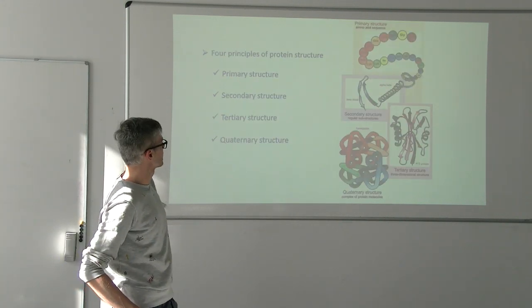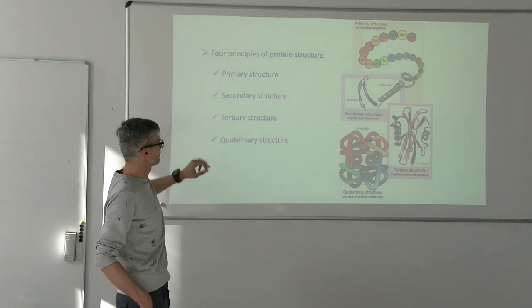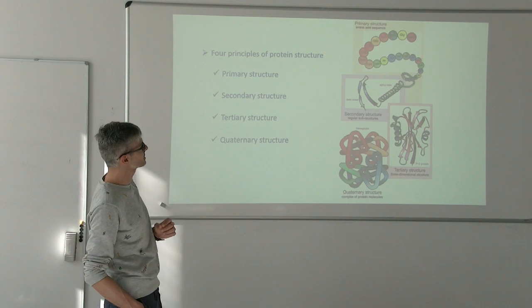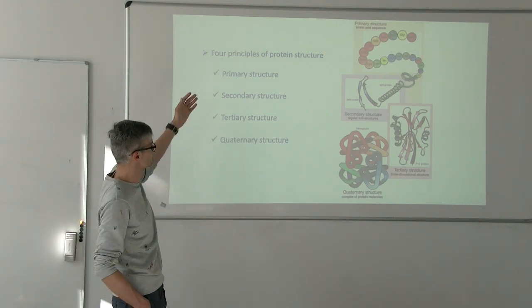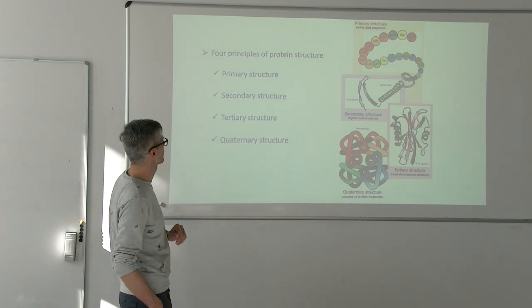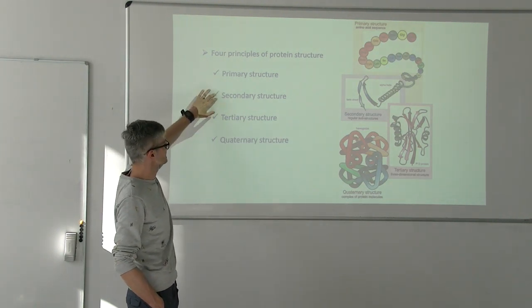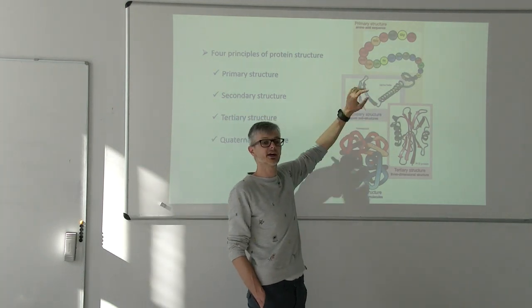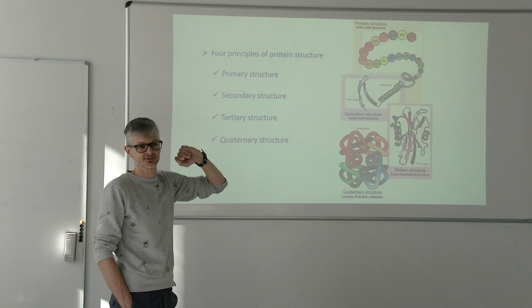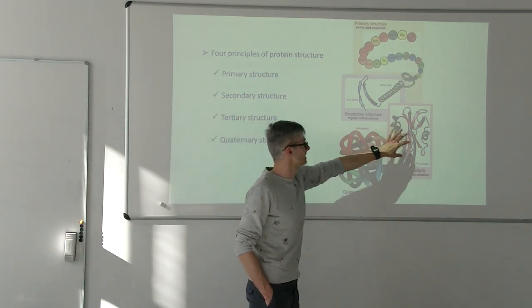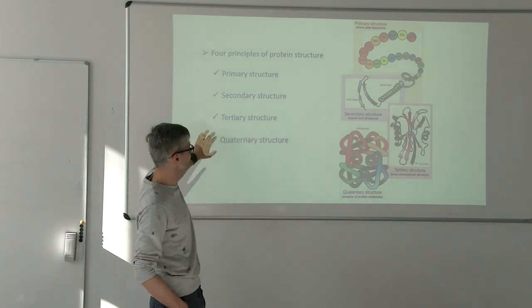The rest of the chapter, we can divide in these 4 parts, depending on which level you want to have a look at the protein structure. The first level is the primary structure, the amino acids, the basic building blocks. The second level is the secondary structures. I think you're already familiar with beta sheets and alpha helices. Yes? The tertiary structure is then the protein as a whole, and then you can have even another level.